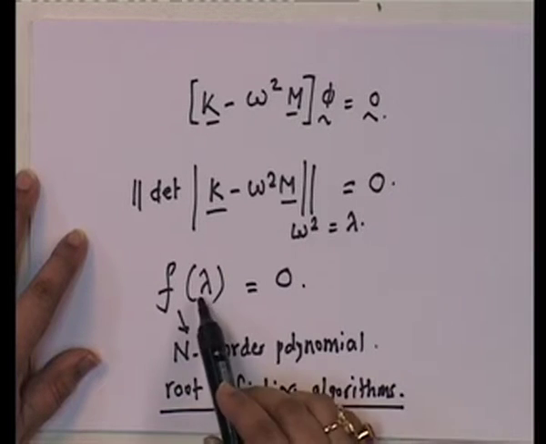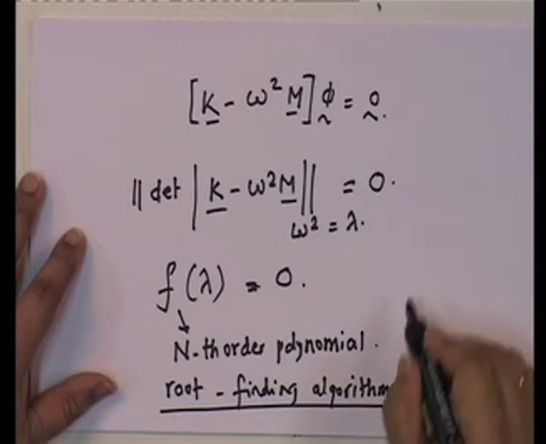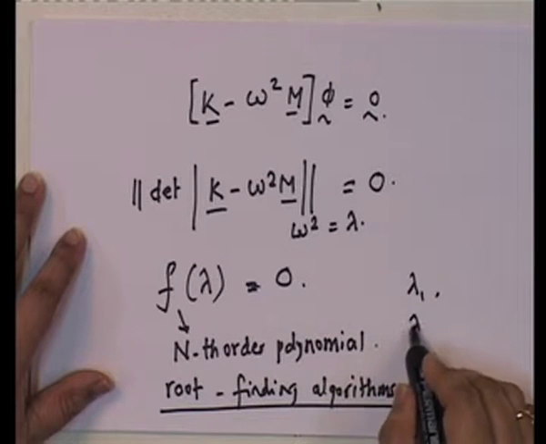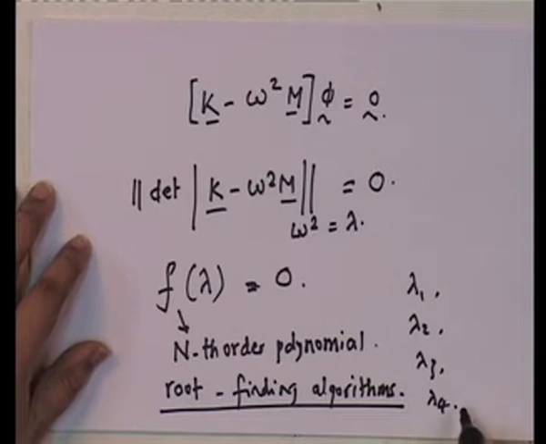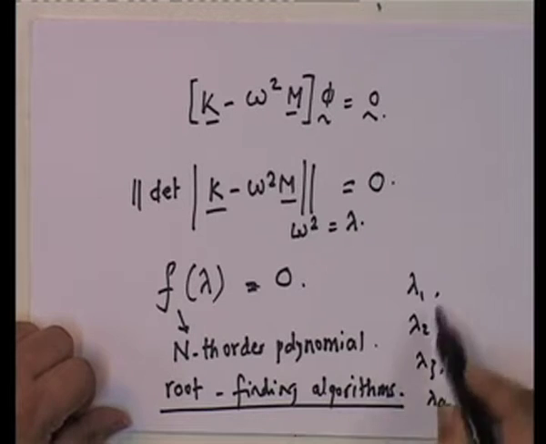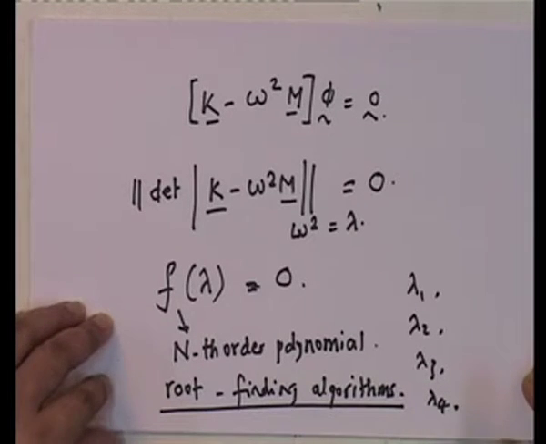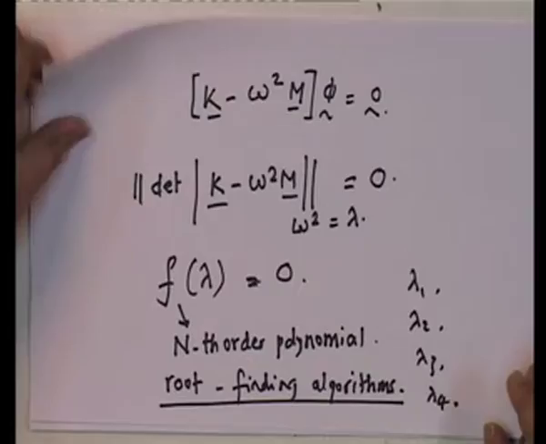So you basically have to find out the roots of this function, and from that you get lambda 1, lambda 2, lambda 3, and then there are tests to show how you don't miss any root. Now, this is something that is done typically in a numerical methods course. So I am not going to talk about it, excepting for the fact that writing down the polynomial and finding out the roots of the polynomial is one procedure for doing practical free vibration analysis.